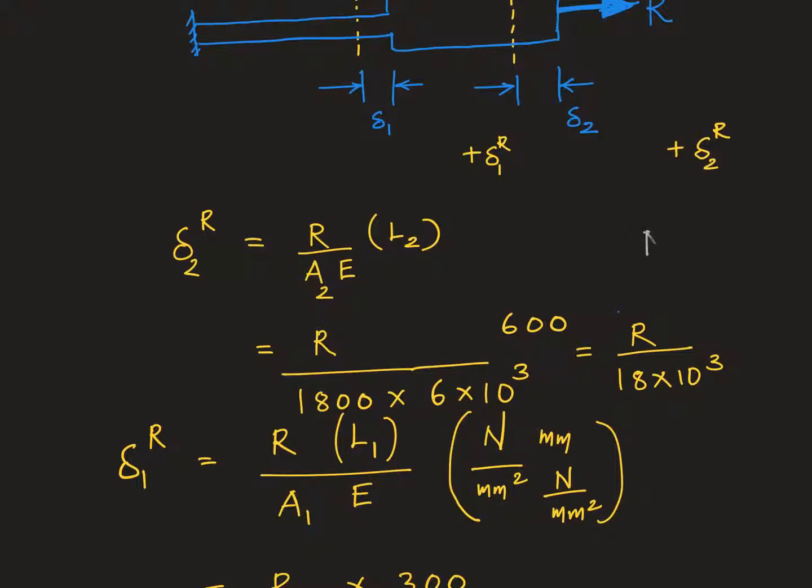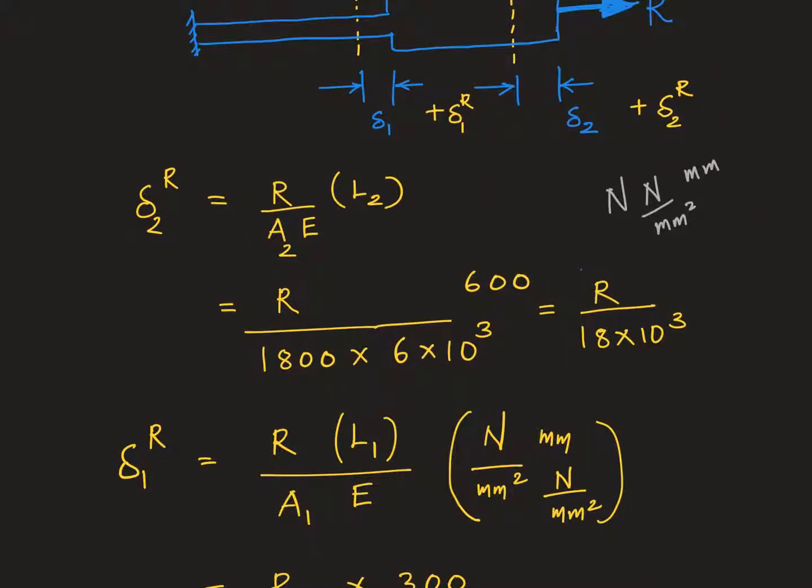I like to work with Newton per millimeter square, that is megapascal, and millimeter. It is the set of units I use for simulations in ANSYS, and I just love working with it, but it depends on the person. You can use whatever units you like. Now you get delta 2 R, and since consistent units were used, this displacement will be in mm.